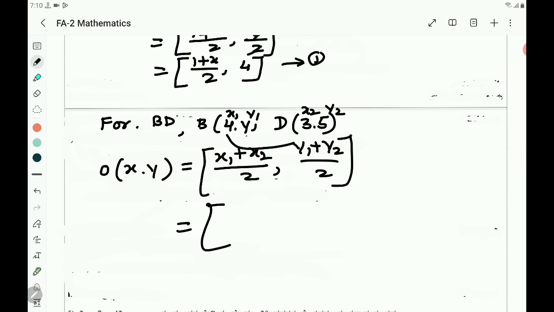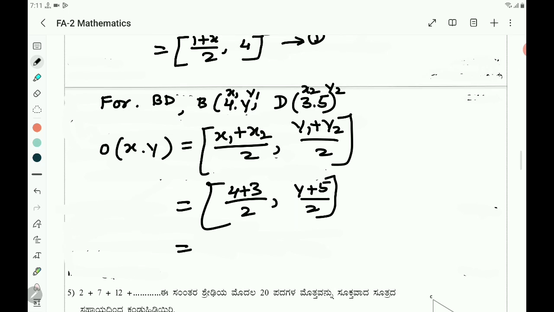x1 is 4, x2 is 3. x1 plus x2 means 4 plus 3, and you write it by 2, comma, y1 plus y2. y1 is y, y2 is 5. So y1 plus y2 means y plus 5 by 2.